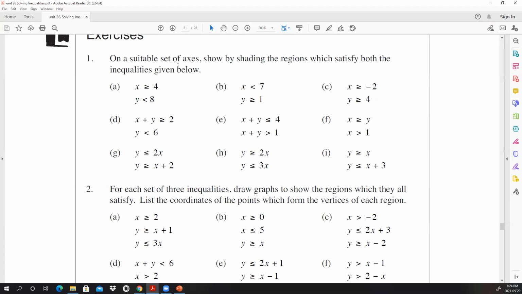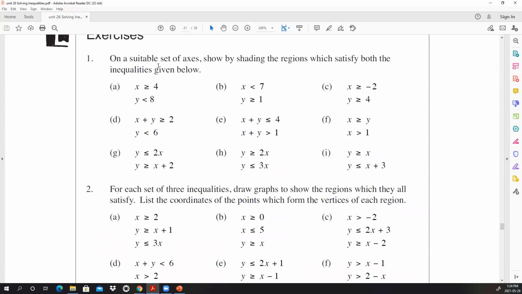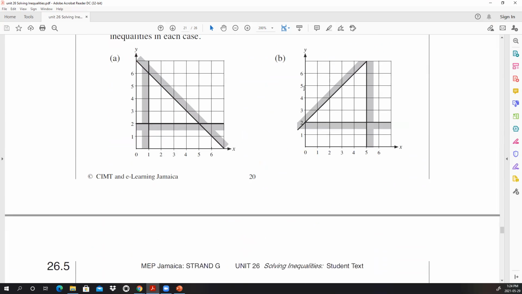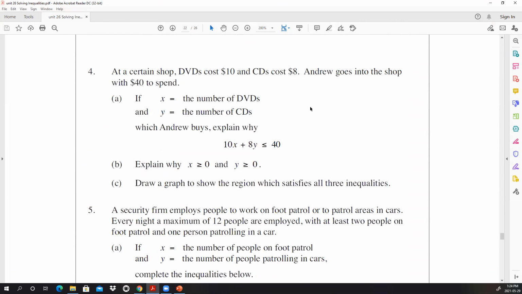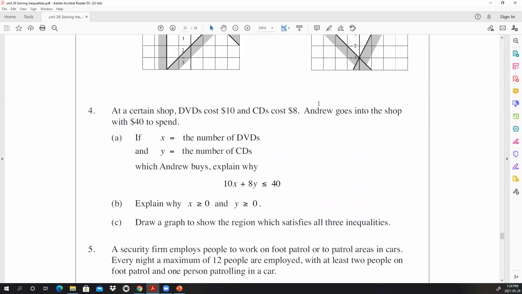All right. Then we look. So what I would say is, definitely try these questions. On a suitable set of axes, show by shading the region which satisfies both inequalities. So you do the shading, and if you go down to the linear programming part, that's where you get most of the practice.